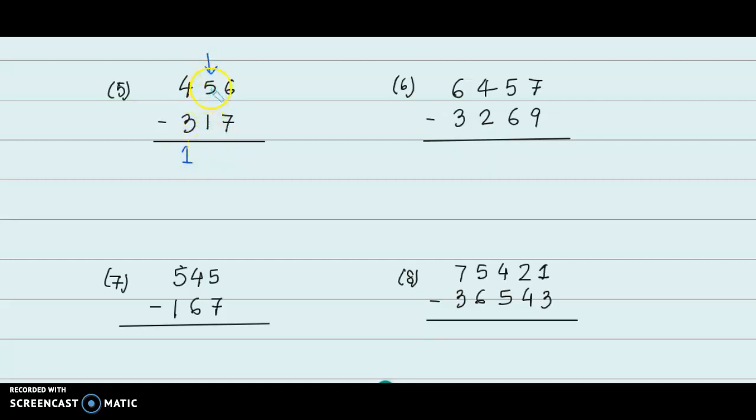So we will subtract 5 minus 1, 4. But again if you see this is smaller, so you have to subtract 4 minus 1, that will give you 3, and find the complement of 7, that is 3, and 6, 9, and that is your answer.